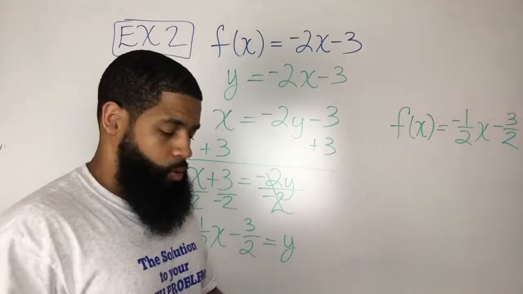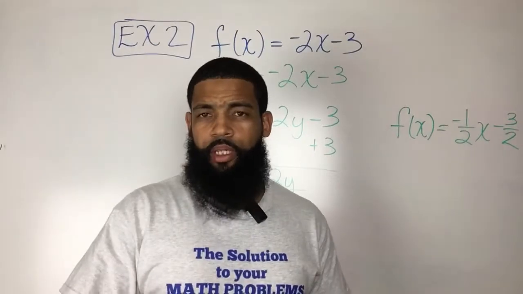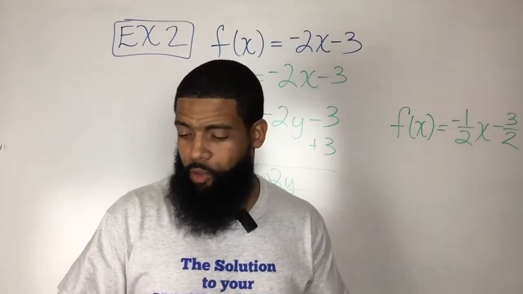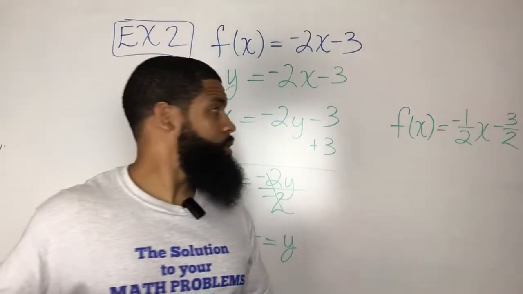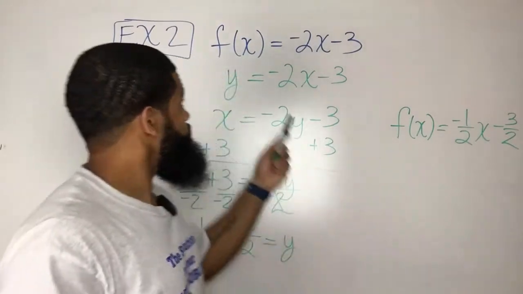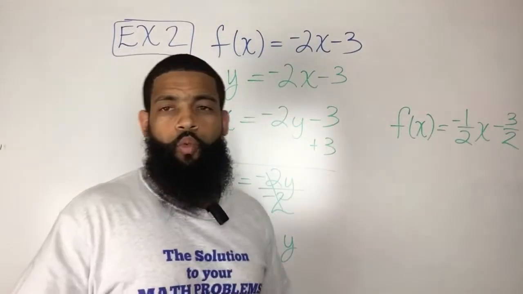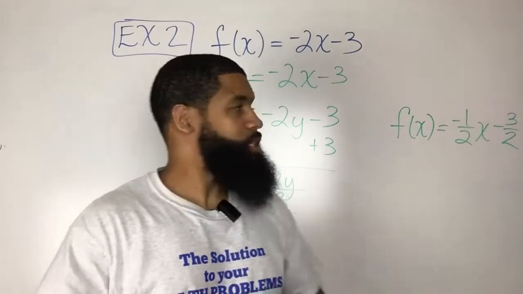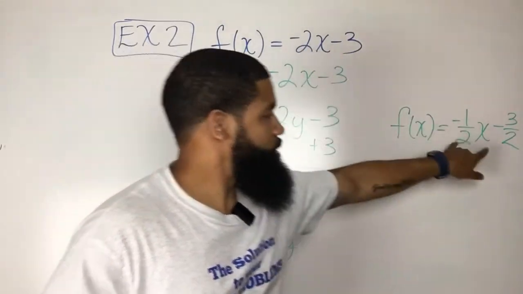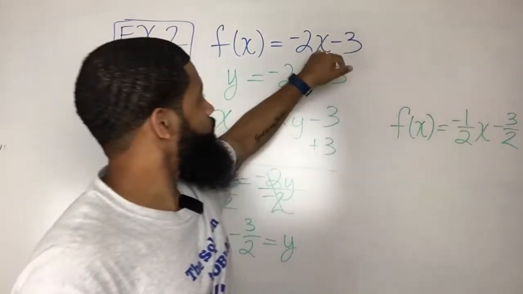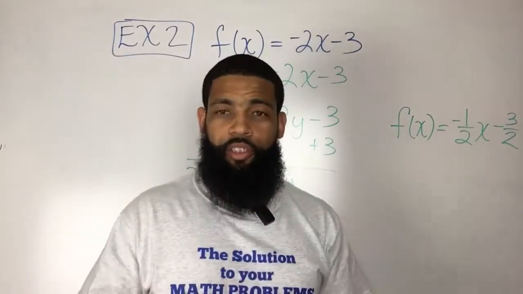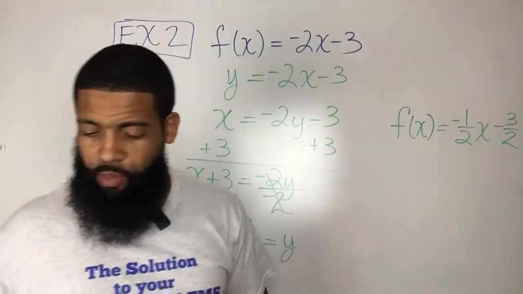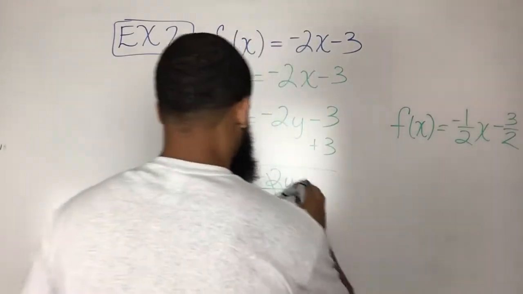All right. Now, somebody may be thinking, okay, well, how do I know that they're inverses? I'm glad you asked. So, if these two are inverses, what happens is if I substitute this function right here for x, and I actually do the calculations, it should give me something specific.